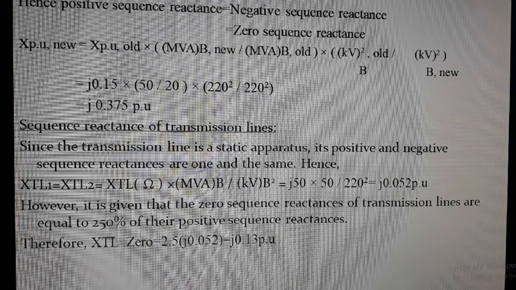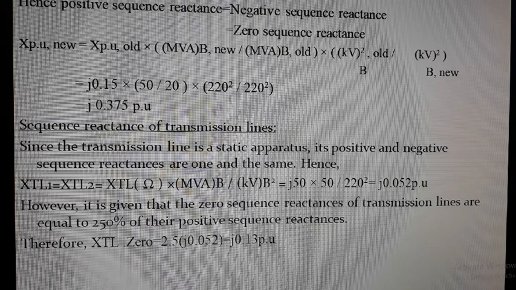So in the first problem all the positive, negative and zero sequence reactances were given in the problem itself. Even though they are given for a different base, we are finding them for a new base, that's it. The new base is used to find all the reactances, positive, negative and zero sequence, for all the elements.